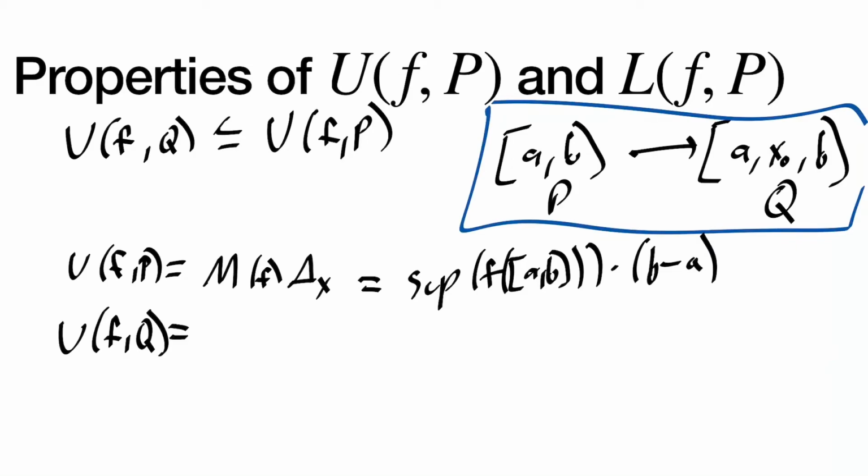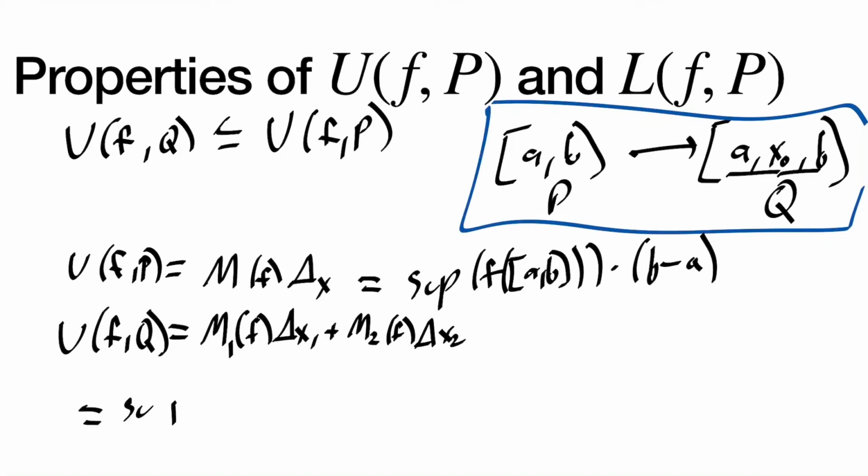Well, now let's ask about what happens if I do it for Q. Now we have two sections: an a to x naught and an x naught to b section. So it's M1 of f, and we'll call it delta x1, plus M2 of f, delta x2. So now we have two things to add together.